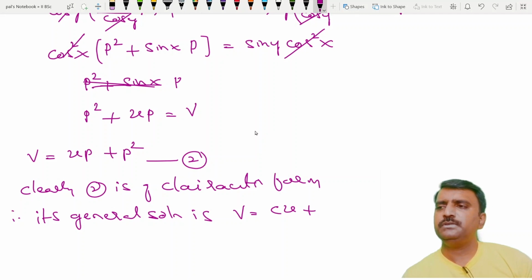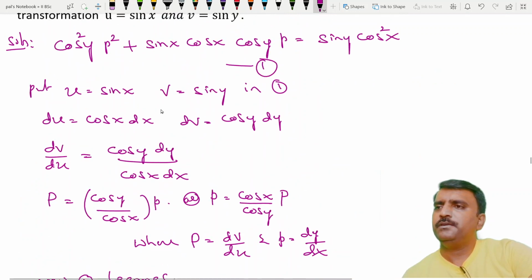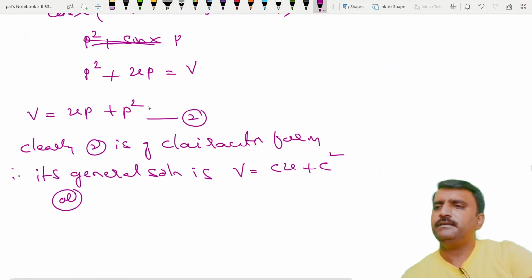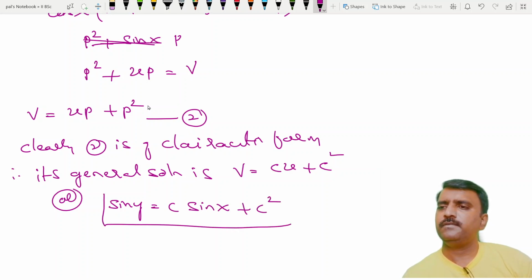What is v? v is sin y, u is sin x. Sin y is equal to c into sin x plus c square, which is the required general solution.